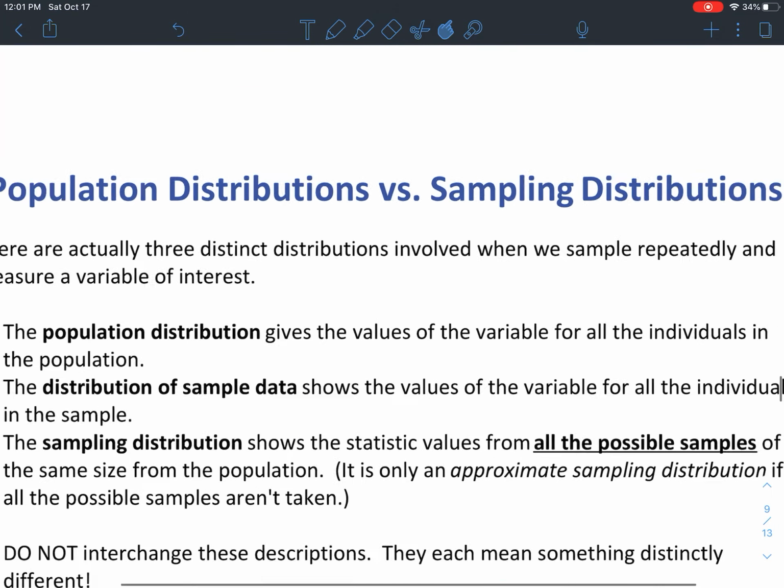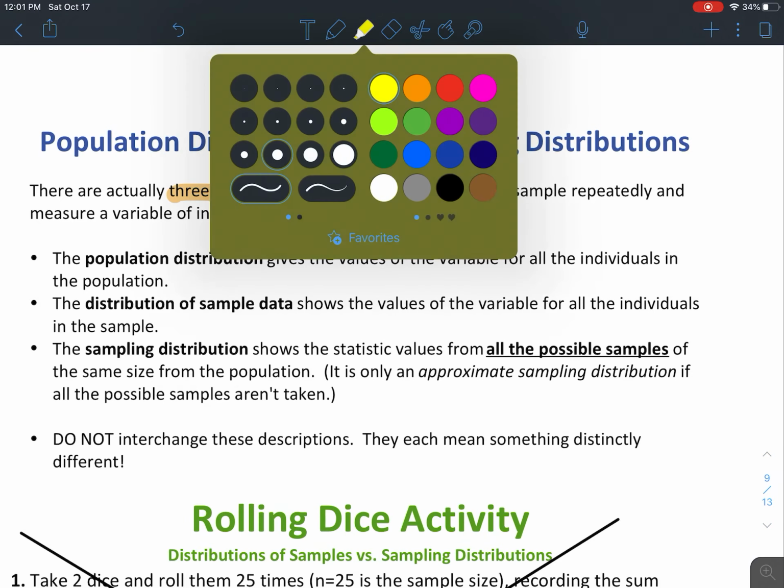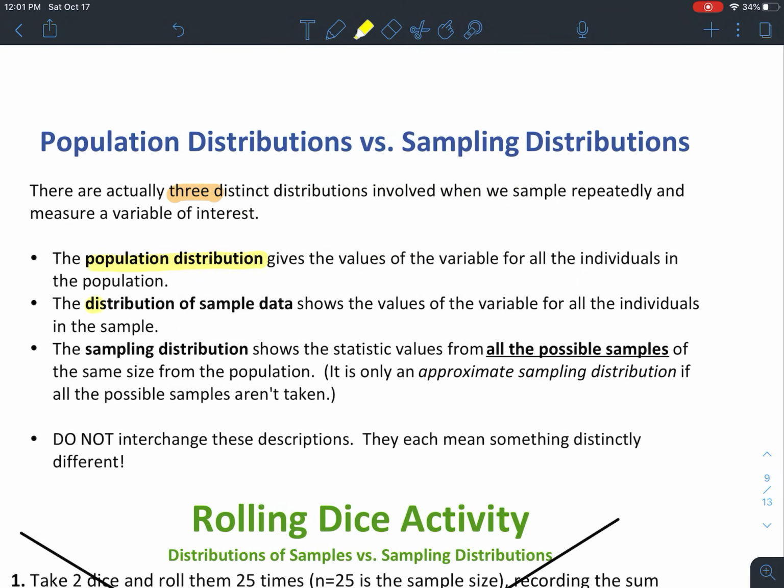On the next page here, just making sure that we're clear with what the difference is between a population distribution and a sampling distribution. In fact, there are 3 different distributions that we just reviewed there on the front. Just keep each of these 3 things straight, particularly with a sampling distribution.